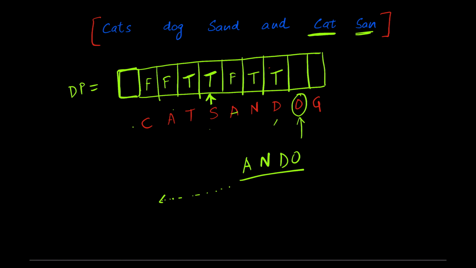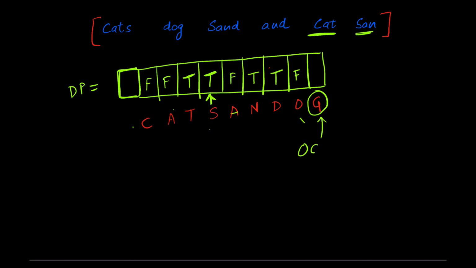DO doesn't exist either. There are no words in the entire dictionary that end with O, so we can safely put false at this position. The last character is G. G doesn't exist. OG doesn't exist either, but DOG does. So we'll just verify the character before that, what is the corresponding value in the DP array. As the value is true, we can place true for G as well.